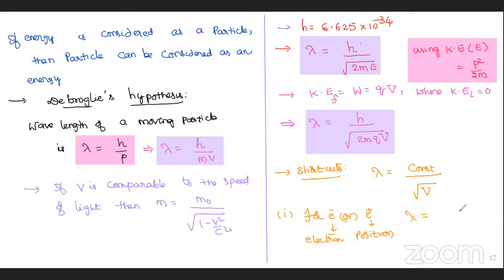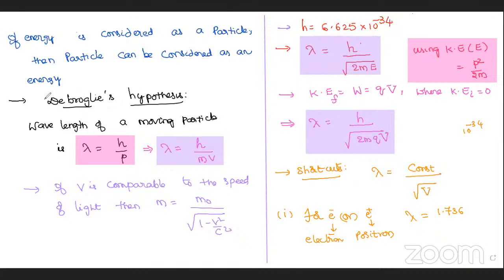How much did you get? Anyone tried? Sir, I'm getting 1.37. 6.625 divided by how much did you do? Oh, into 2 I missed it. Sorry, it's my mistake. Into 2 is there, you are right. That 2 is also there in the denominator.